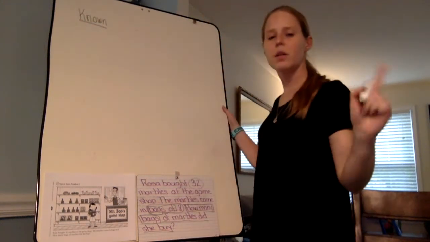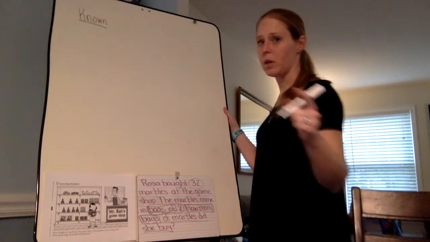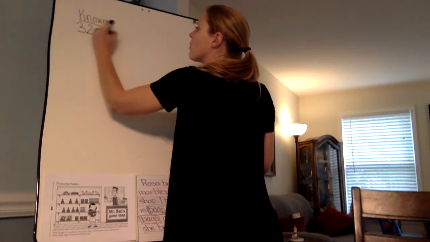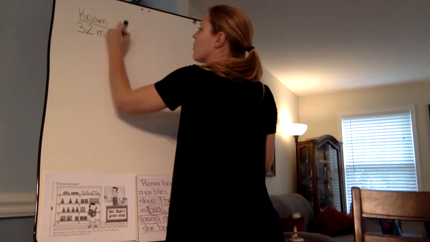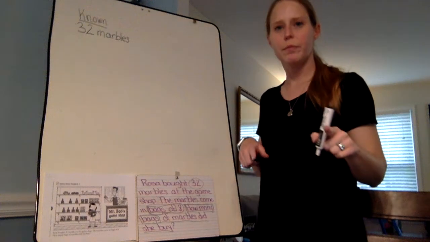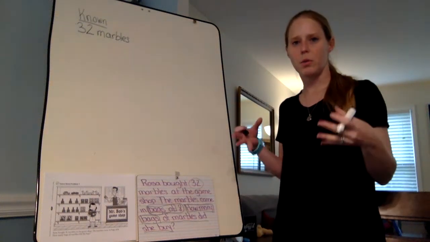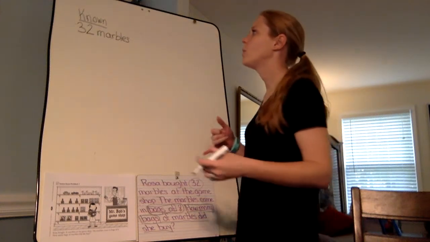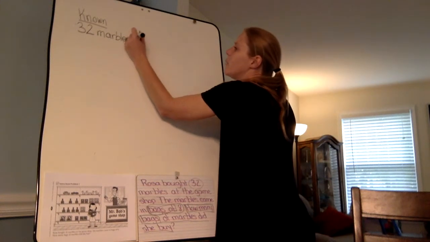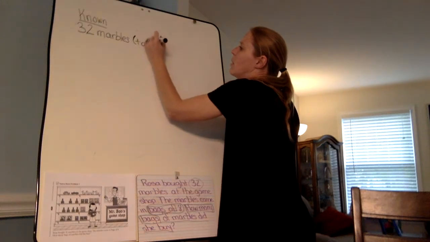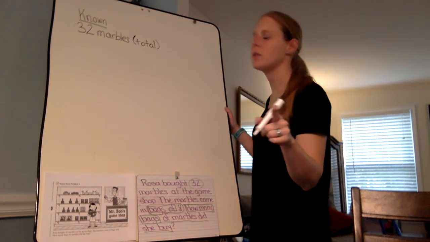We know that there's 32 marbles that she bought at the game shop. And you know what? I think I'm going to say that this is our total because that's the biggest number we're going to get. So she has a total of 32 marbles that she got. So I'm going to actually write in parentheses, this is her total. I think that's going to come in handy soon.